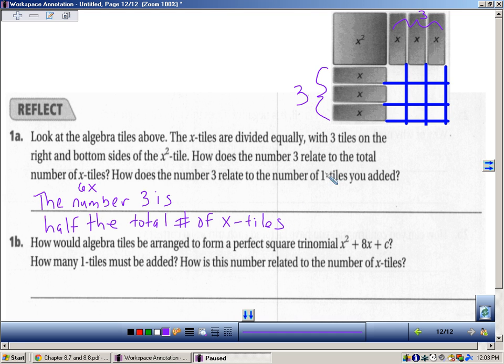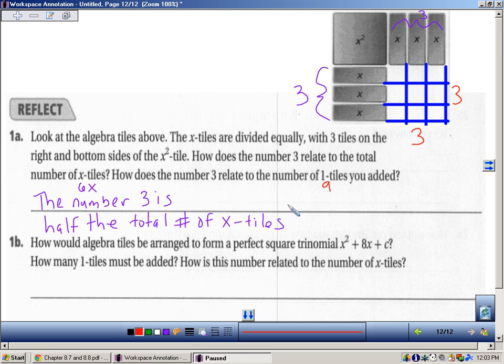Okay? How does the number 3 relate to the number of 1 tiles you added? Well, the total number of 1 tiles, first of all, is 9, right? Total of 9 of them. And 3 appears to be related in a way so that if you square it, you get the total number. So how does the number 3 relate to the number of 1 tiles I added?